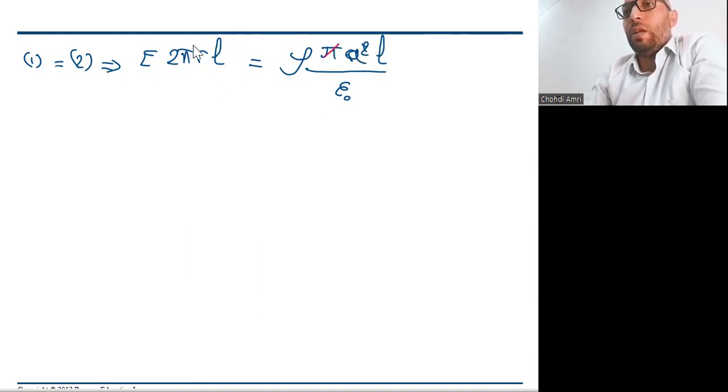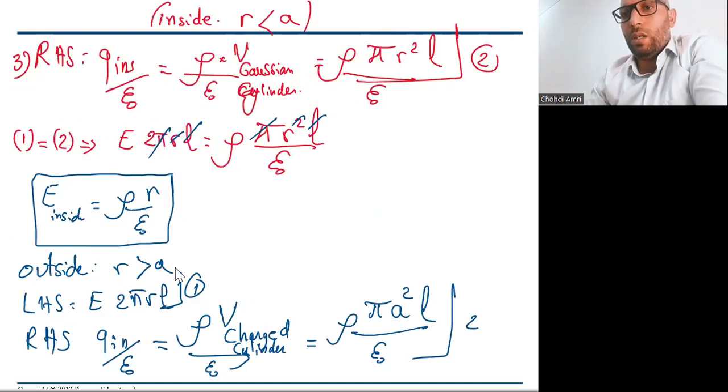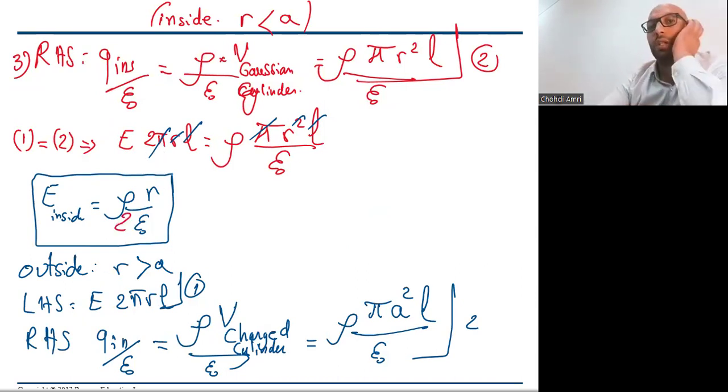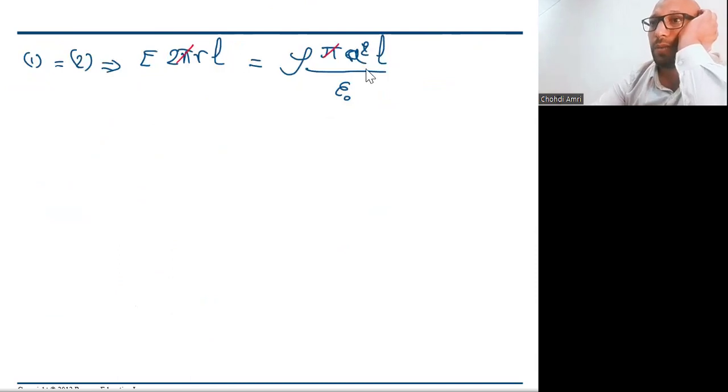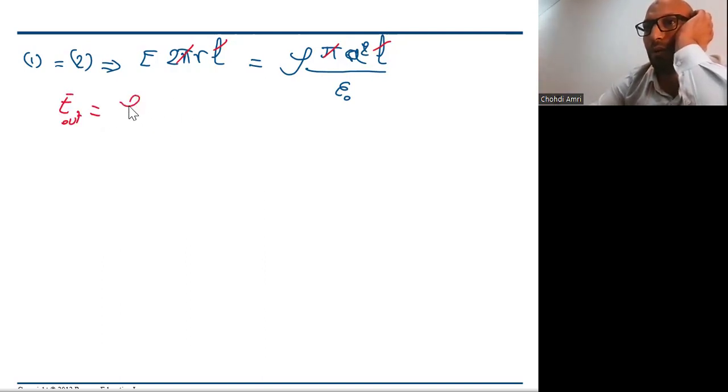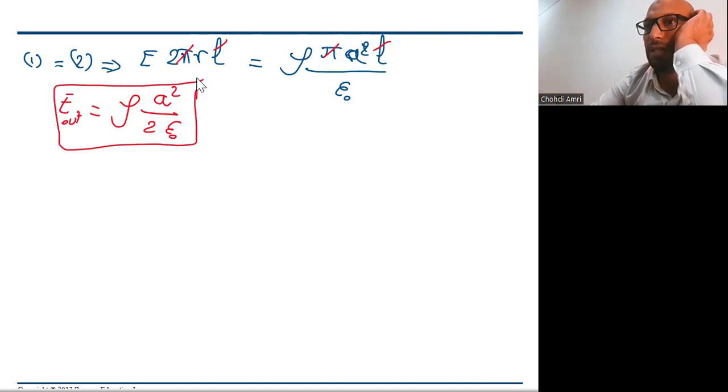We will simplify L and L. I think we made a mistake here: we forgot the two, we did not simplify the two. In this case, E outside will be rho multiplied by A squared divided by 2 epsilon naught. And this is the electric field outside.